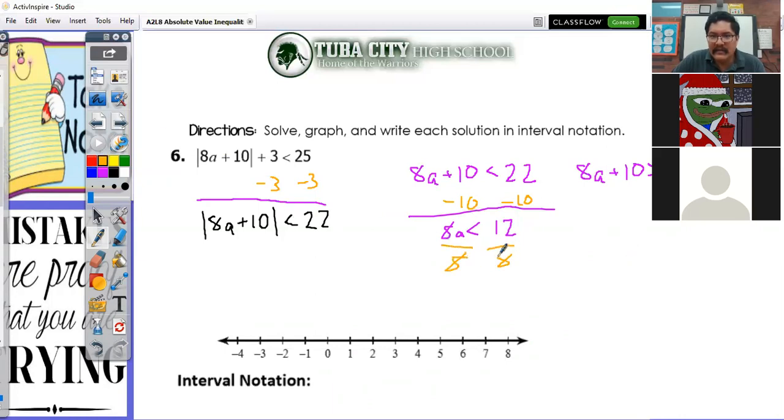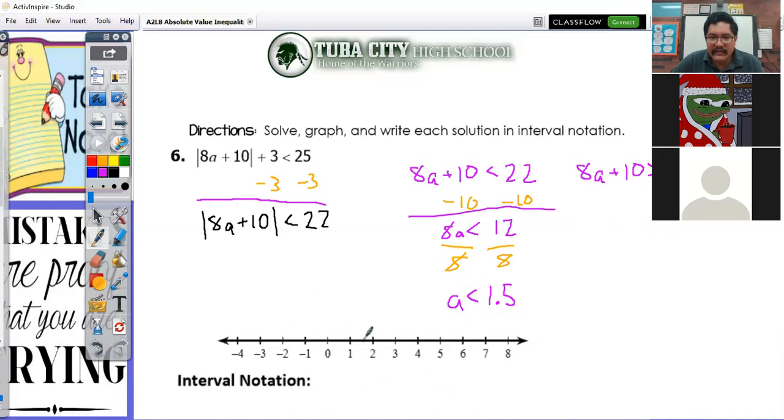And it looks like we're going to get a non-whole number, a non-integer. 12 divided by 8, if the top number is bigger than the bottom number, you're going to have a whole number part. But if I just type it into a calculator, 12 divided by 8, that is going to be 1.5. So a is less than 1.5.